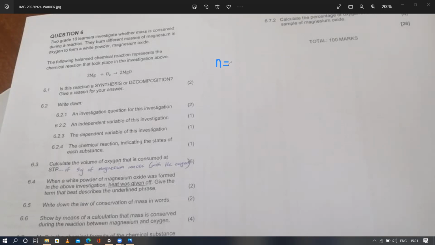So you're going to have 5 divided by the, oh yeah, you're going to write your n is equal to m divided by the molar weight, or molar mass.